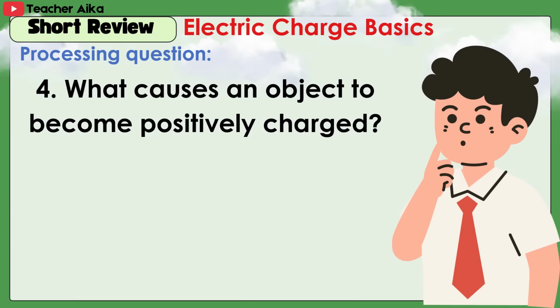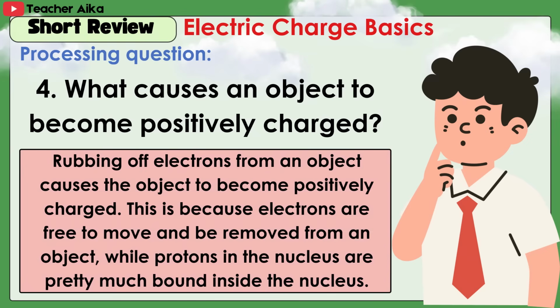What causes an object to become positively charged? Answer: rubbing off electrons from an object causes the object to become positively charged. This is because electrons are free to move and be removed from an object, while protons in the nucleus are pretty much bound inside the nucleus.